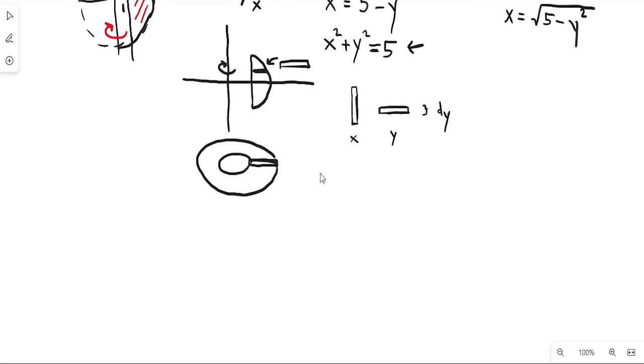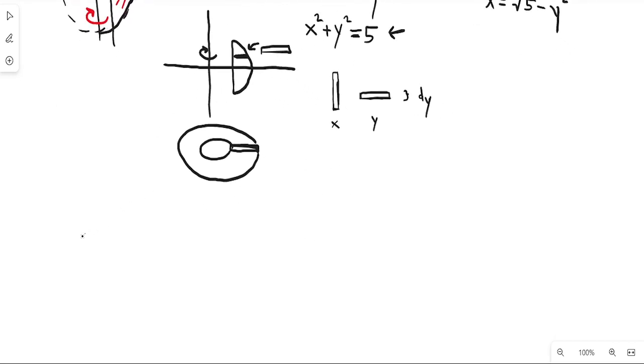So let's recall that the formula for volume when you use washers is the integral of pi times our outer radius squared minus our inner radius squared, and in this case it's dy.